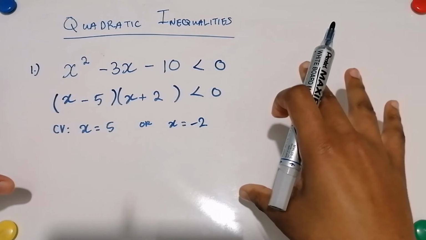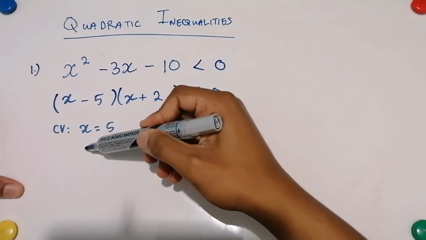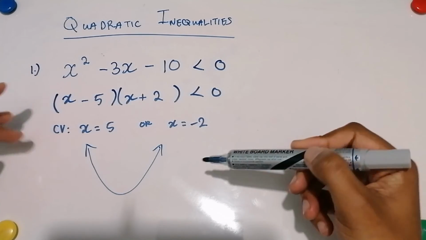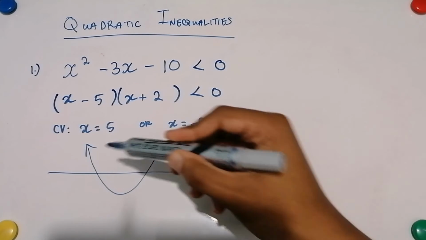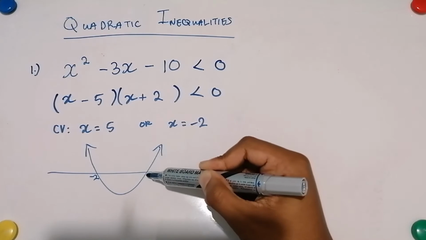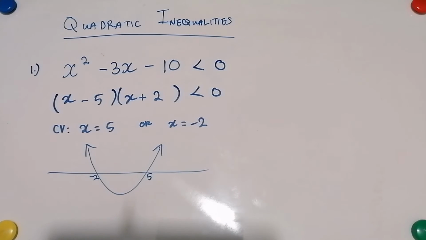Okay, so in that sketch that we had earlier, we noted that this was a quadratic inequality and that the critical values are, I'm going to write the smaller one on this side, so the negative 2, and the bigger one on this side, the 5.